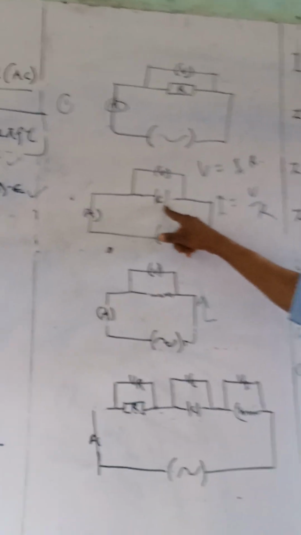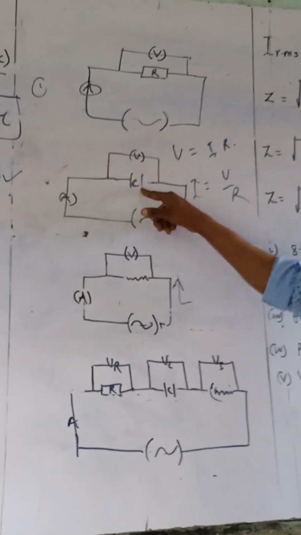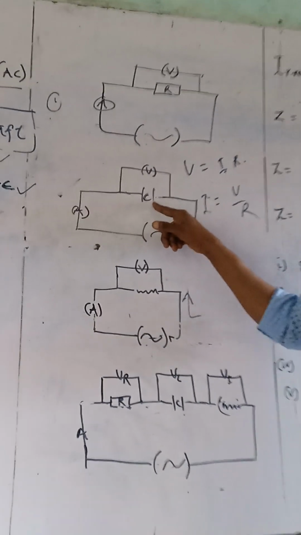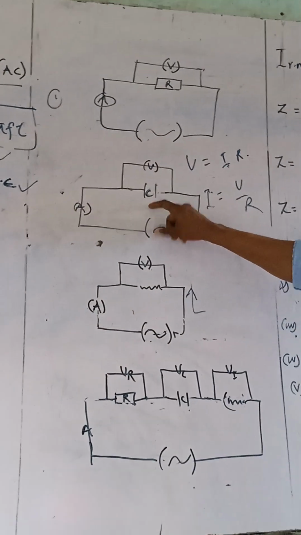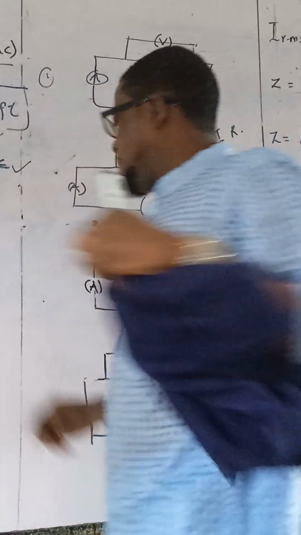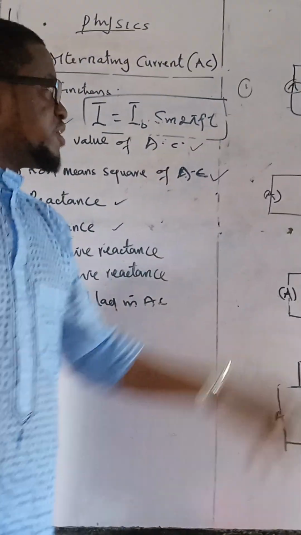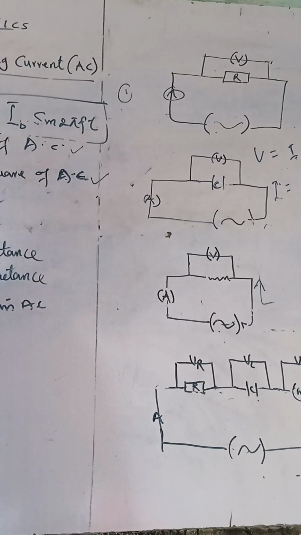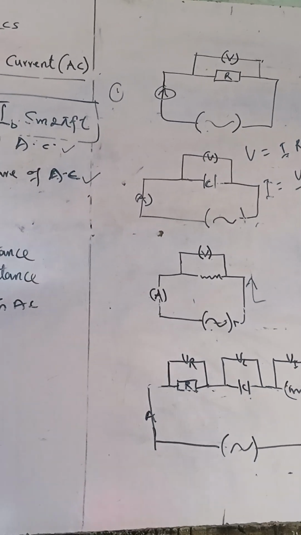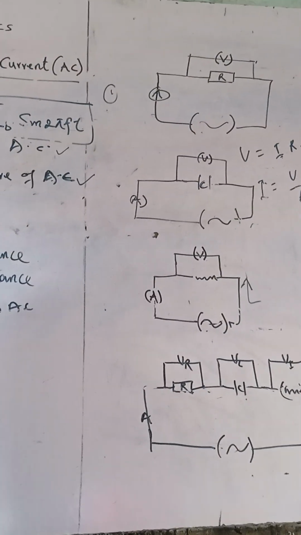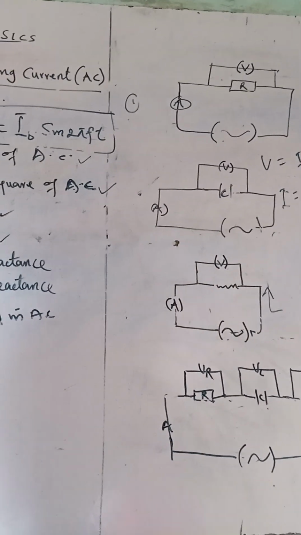So how do we define the both now? Capacitive reactance is the regulation offered to an AC circuit by only the capacitor. So capacitive reactance has a formula that must be noted. According to the definition, take it again. Capacitive reactance is defined as the regulation offered to an AC circuit by only the capacitor.